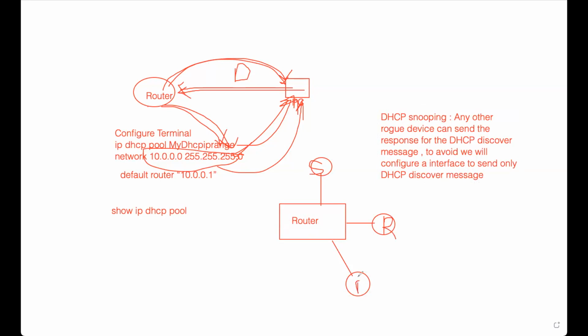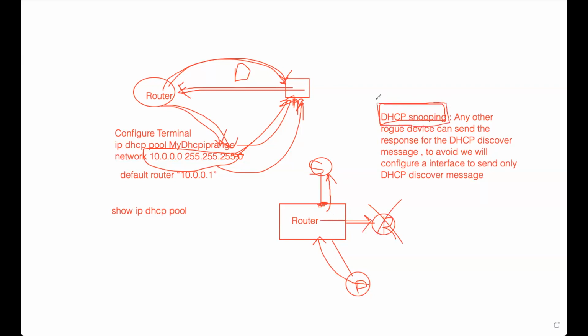This is a PC. We sent a discover message from the PC to the router. We know that the router is connected to this interface on the DHCP server. That's why we enable DHCP snooping, so that the discover packet is sent only to this interface. It will not be sent to other interfaces because there might be a rogue device connected. To avoid that, there is a security feature called DHCP snooping.